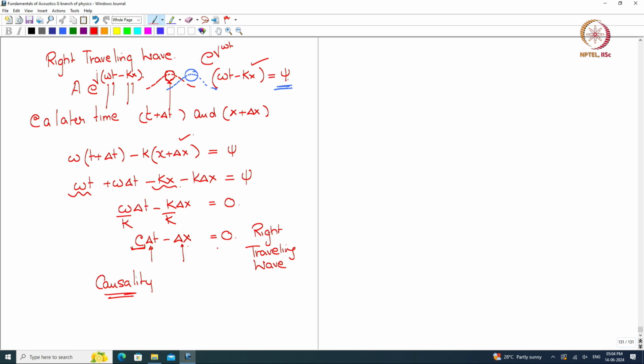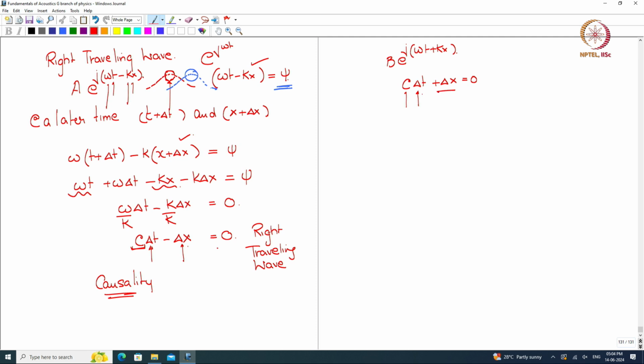In contrast, if we look at a left travelling wave, e to the power of j(ωt + kx). In this case what we will get is that c delta t plus delta x will be 0, c being positive, delta t being a positive increment.